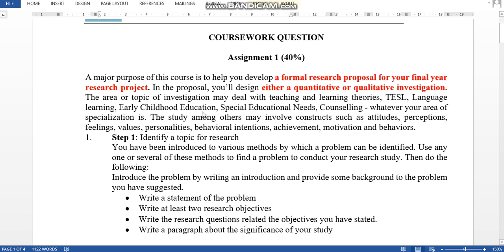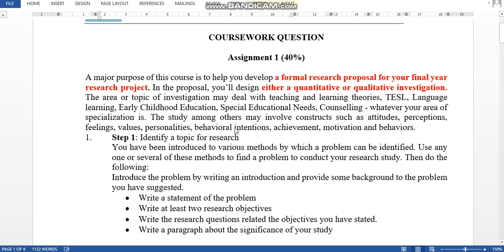So in the proposal you will design either a quantitative or a qualitative, and even a mixed design is allowed. The topic that you want to research depends on your field of study.